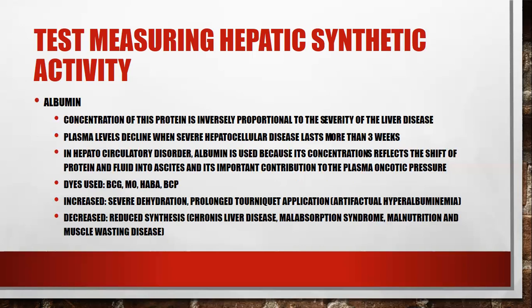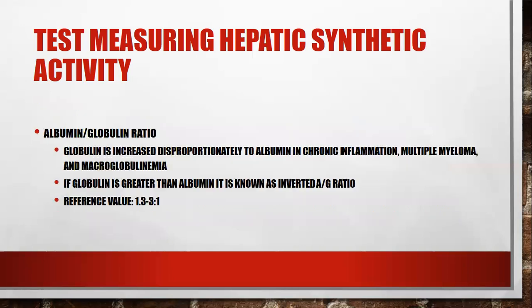Another condition associated with decreased albumin level is increased breakdown of albumin or proteins. We term it increased catabolism, in conditions such as massive burns, malignancy, or thyrotoxicosis.